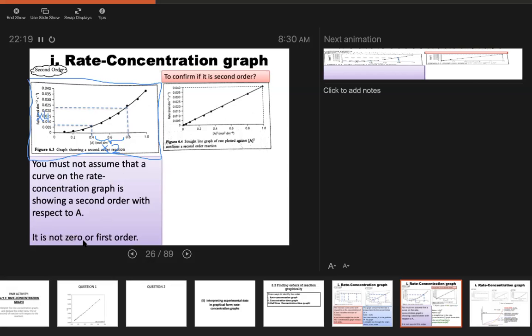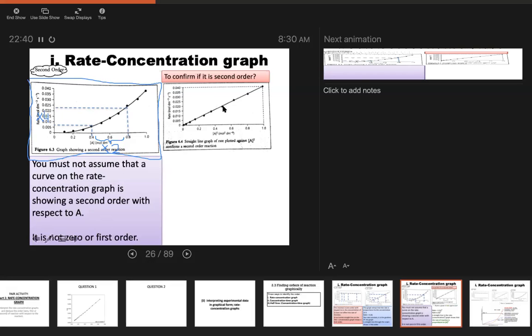But one thing you can say for sure is if you see a curve in a rate concentration graph, it cannot be zero order, it cannot be first order, because zero order will be a straight horizontal line. A first order will be an increasing line that passes through 0.